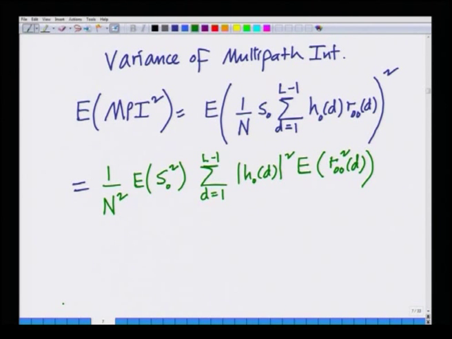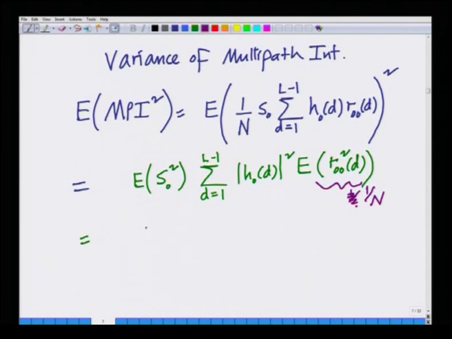Alright, so the variance of this is nothing but 1 over n square expected S0 square, which is the power of user 0, times summed over all the L minus 1 multipath components H0 d square, that is the power in the dth component, times expected R00 d square, which is the self correlation square. We know the expected self correlation square is nothing but 1 over n.